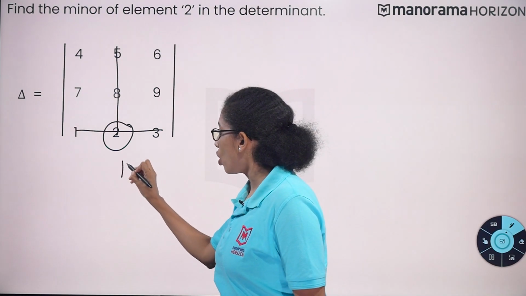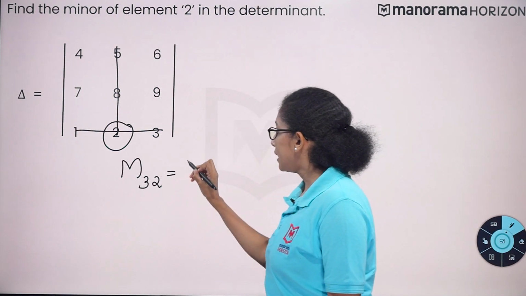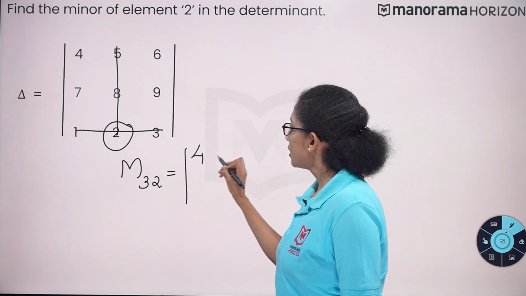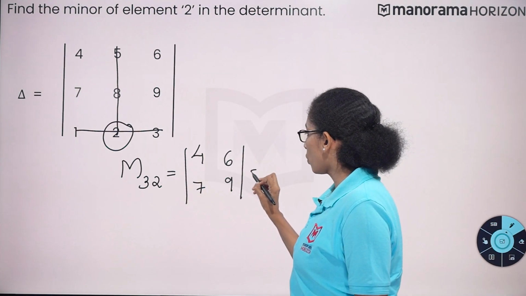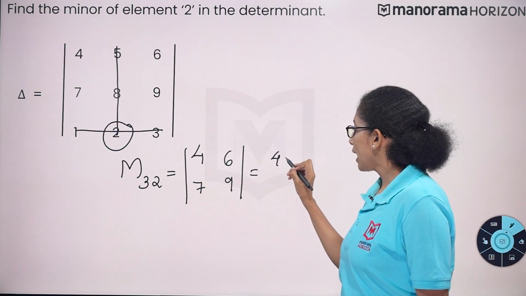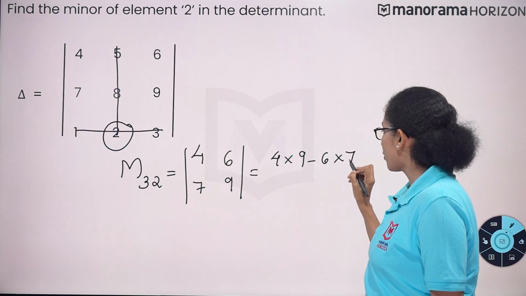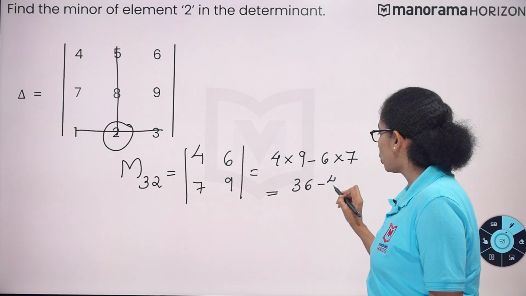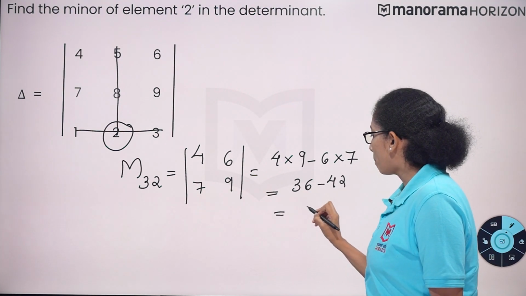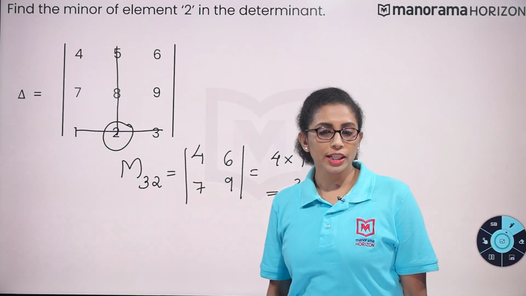So minor of 3,2 is equal to determinant 4, 6, 7, 9, which is equal to 4 into 9 minus 6 into 7, and we get it as 36 minus 42, which is equal to minus 6. This is the minor of the element.